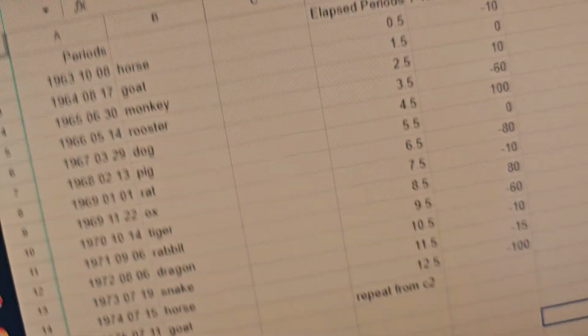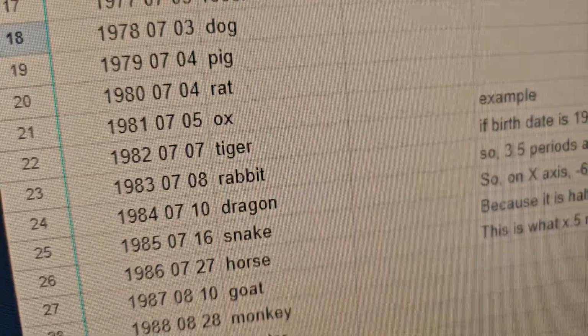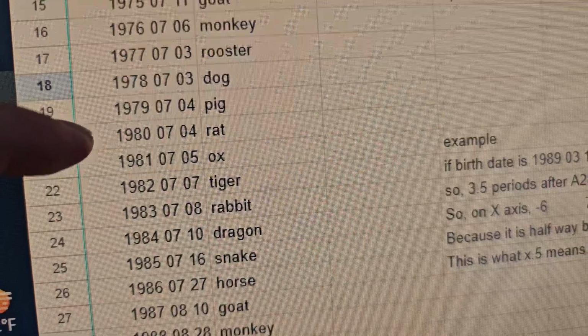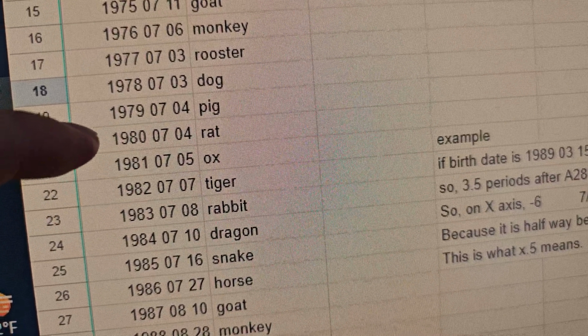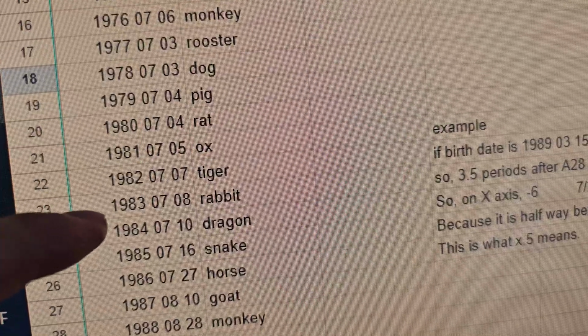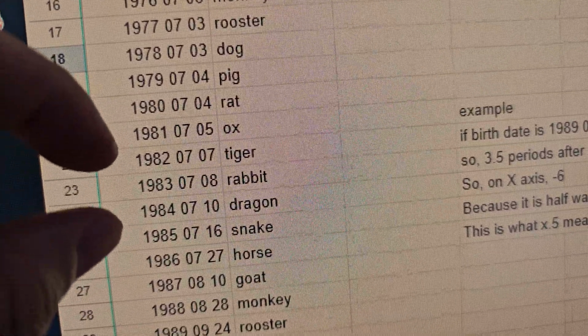Let's make it easy. Let's say I was born in 1980. Don't say 4 years later is going to be lucky, because 4 years later would be 1984, and this is unlucky, this is lucky. You can't use 4 years.